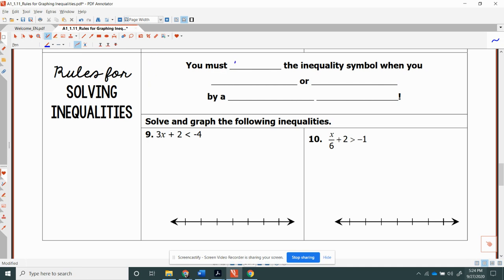You must flip the inequality symbol when you multiply or divide by a negative number. Other than this one rule, inequalities are solved just like equations.